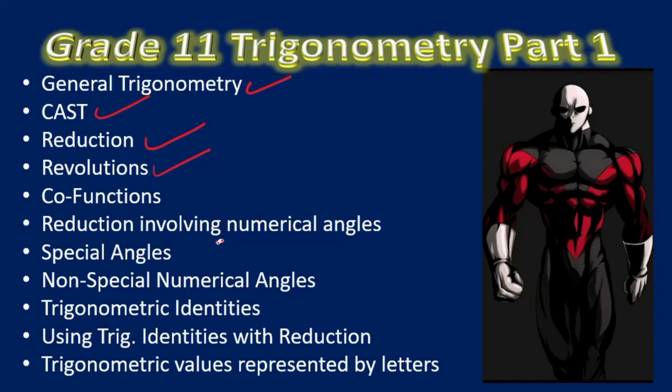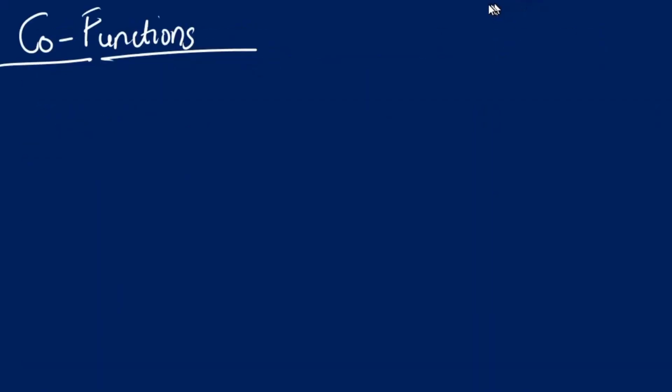The others won't take us a lot of time. These things that you see here, they're actually going to just add up. You'll see them as we go. Co-functions. For co-functions, what I need you to remember here is complementary angles.